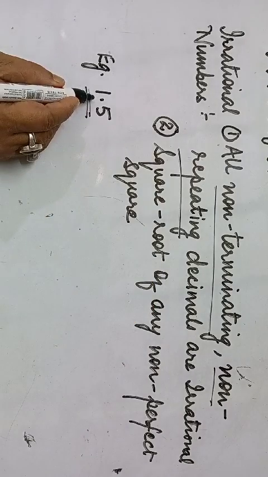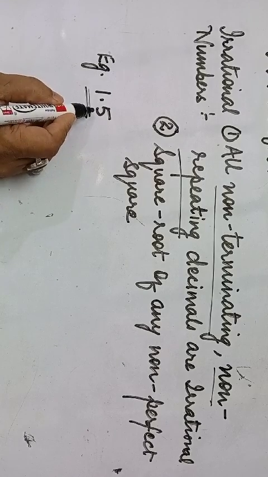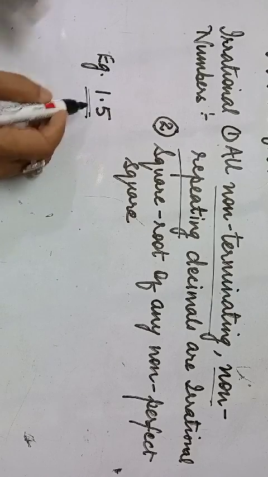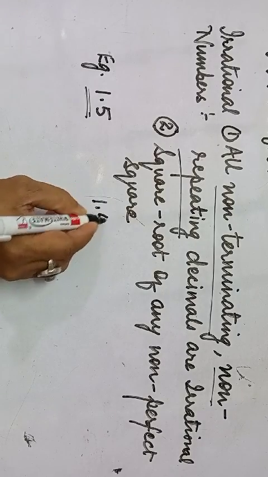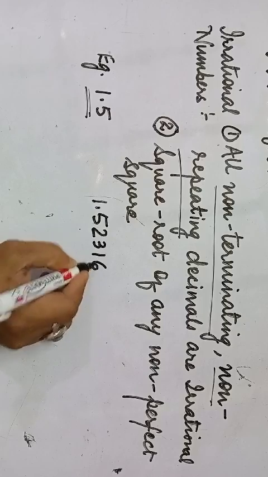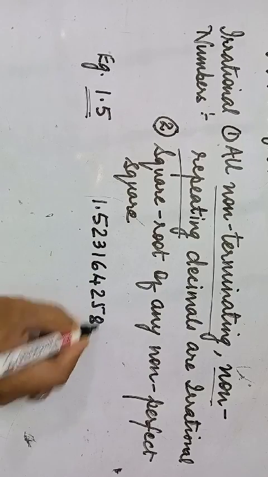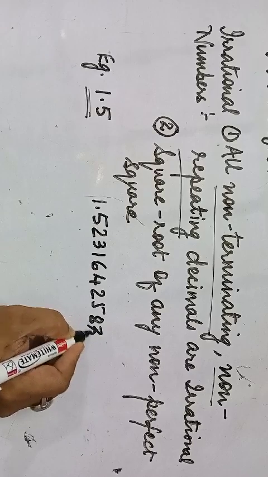So 1.5 is a decimal number, but the question comes, is it a terminating decimal or a non-terminating one? You can see that it has ended at one place of decimal. So it's not like 1.5, 2, 3, 1, 6, 4, 2, 5, 8, 3.